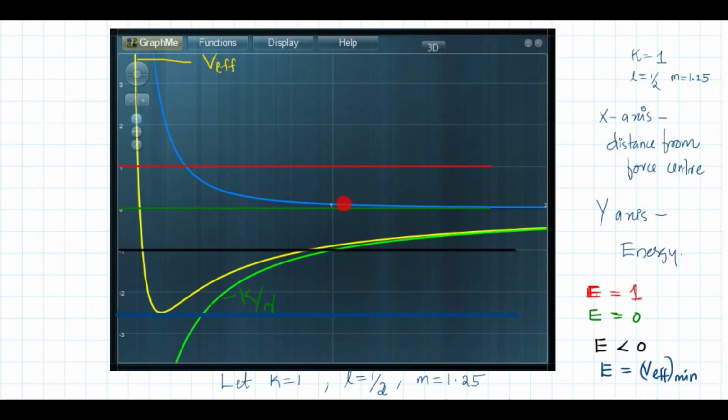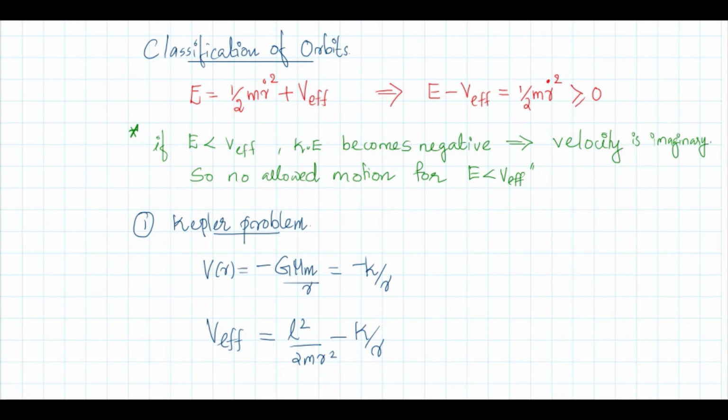Now as the particle moves towards the force center, all these regions are physically possible because the total energy line, this red line, is above the yellow line. But when you reach this point, the total energy and V effective become equal. What does it mean? If E equals V effective, then r dot becomes 0.